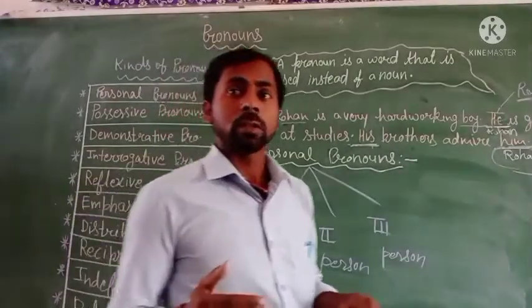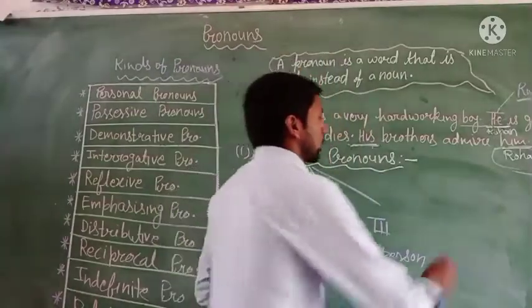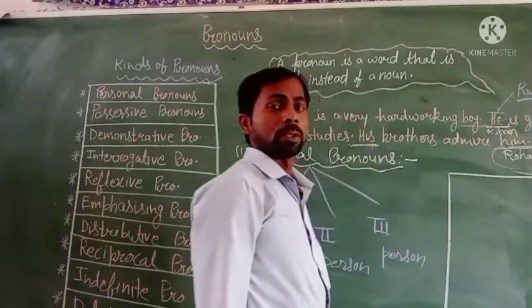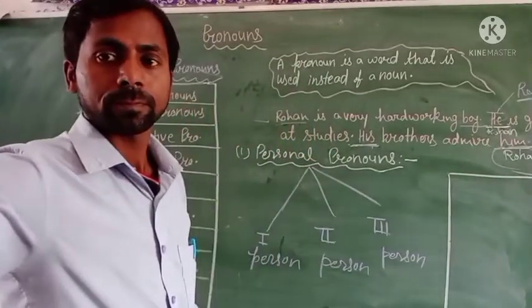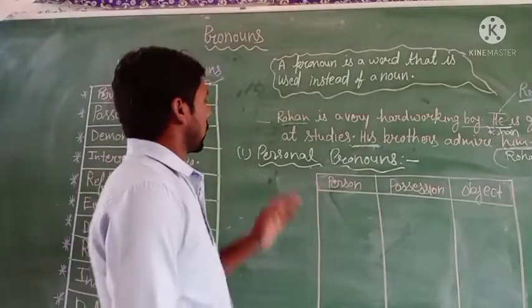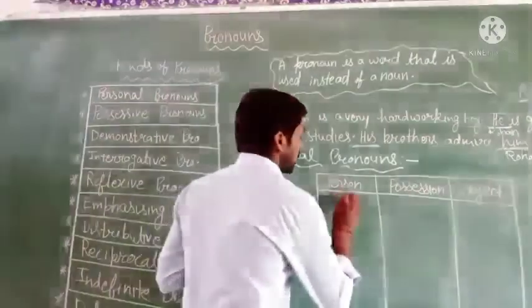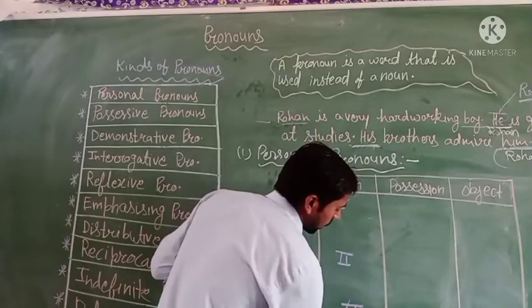We can explain this by the graph. You can see here the personal pronoun divided into three parts: first person, second person, and third person.